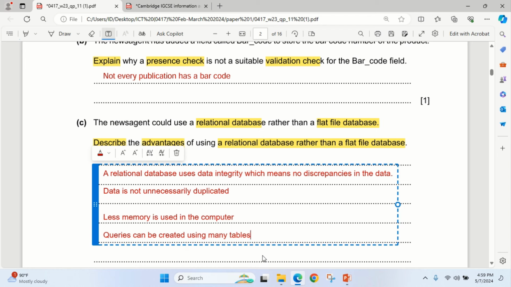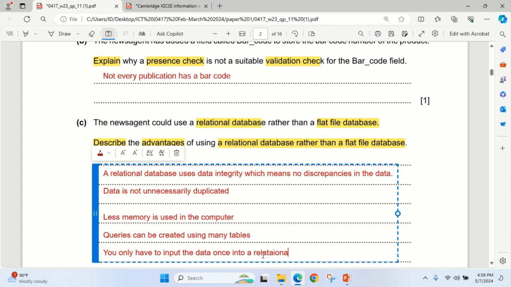Another thing is that you only have to input the data once into a relational database, therefore it saves time. Okay, good.